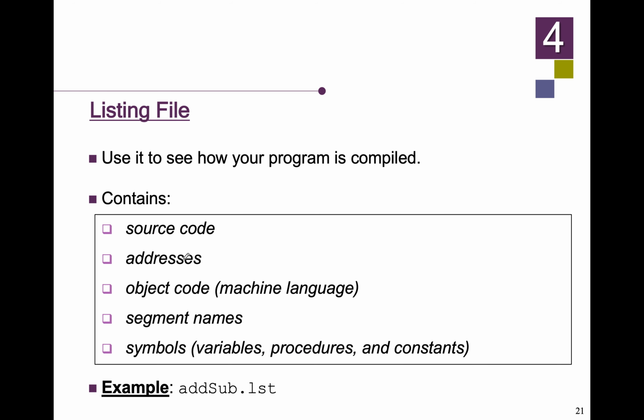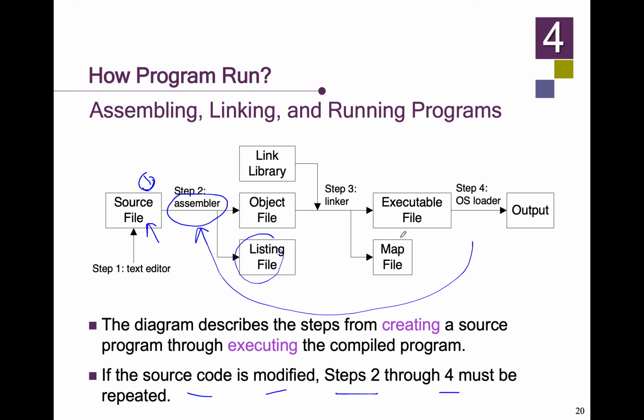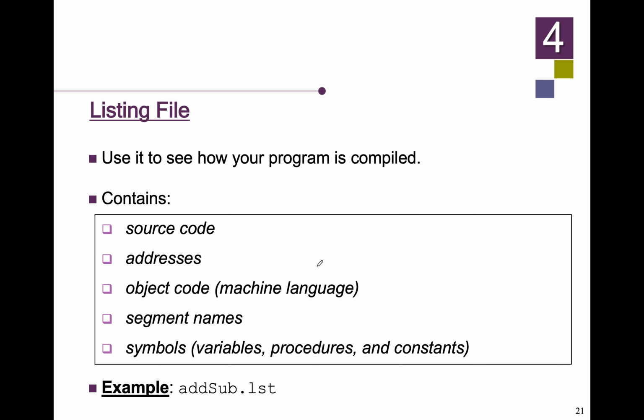Okay, I move to the next slide. As mentioned, in your listing file and your map file, we're going to see what is inside. So under the listing file, why do you need to have a listing file? The purpose of the listing file is for you to see how your program is compiled. So maybe you can try to find it now: open your folder and find the file called .lst and check what is inside.